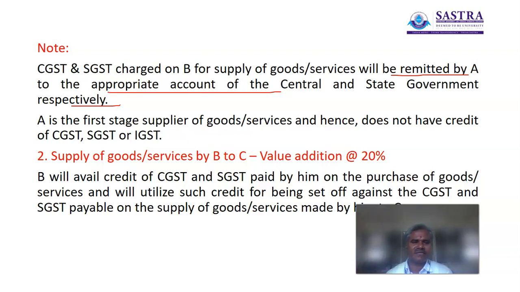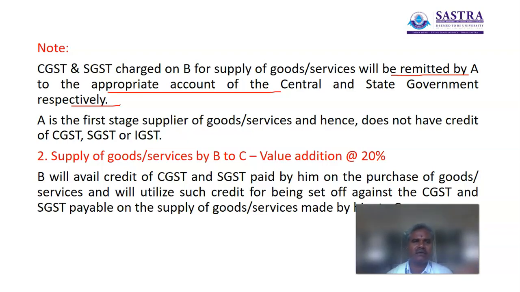A is the first stage supply of goods and hence does not have any credit of CGST, SGST and IGST. Credit means ITC, input tax credit. A person who starts the business will not claim ITC, because he is the first person in the supply chain, as I explained in the last class.